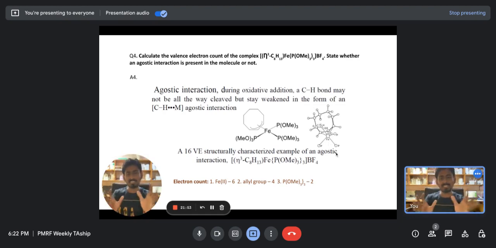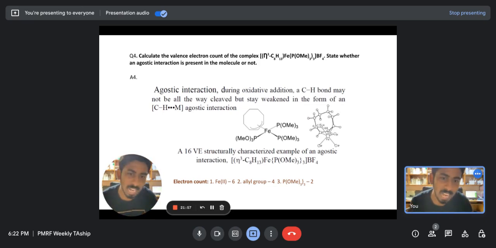It is a classical example where you can see a late transition metal, such as iron, taking part in an agostic interaction. In most cases you will see the early transition metals, that is titanium, zirconium, vanadium. These are the molecules that undergo the agostic interaction.